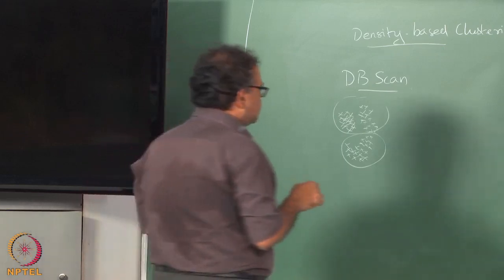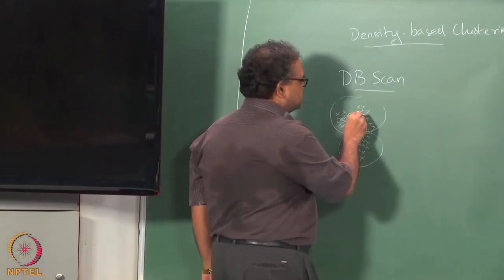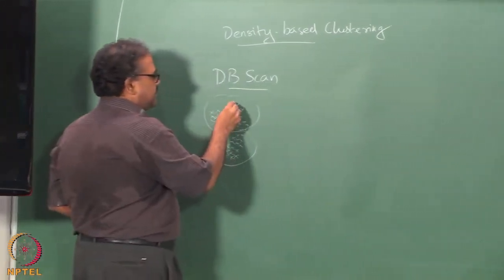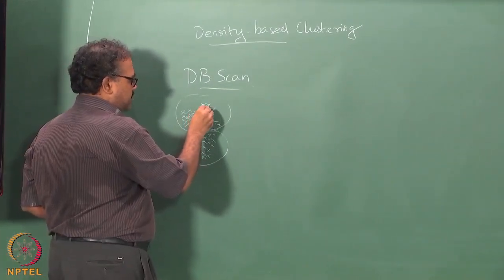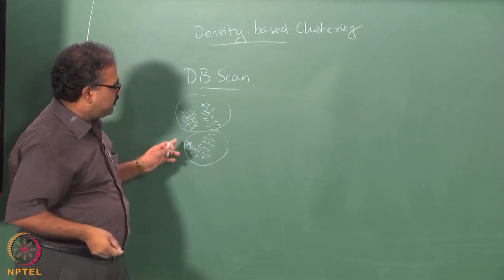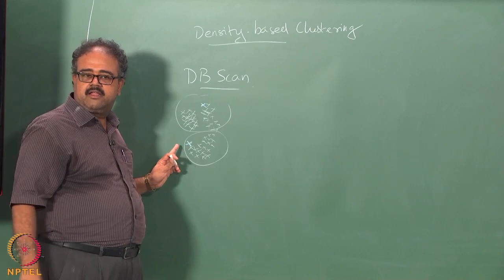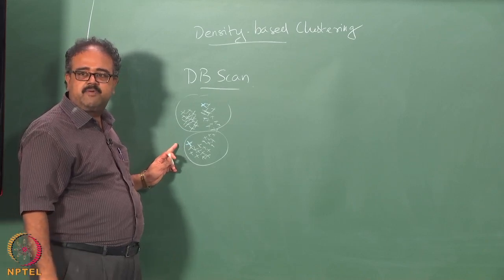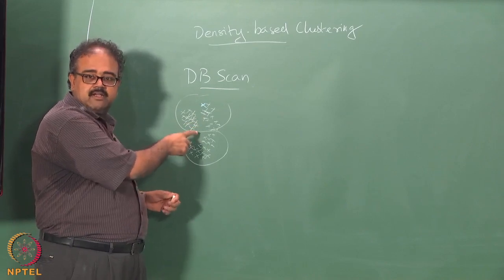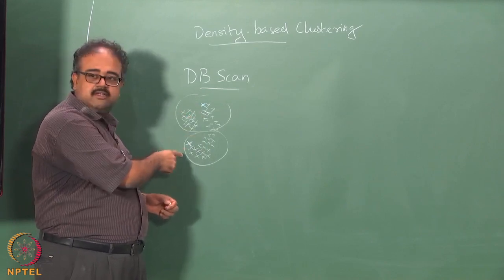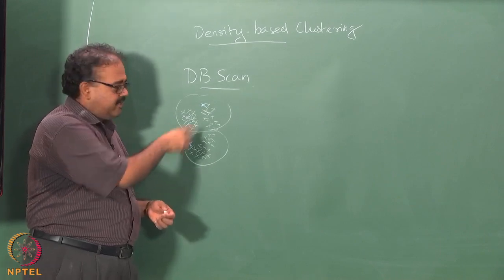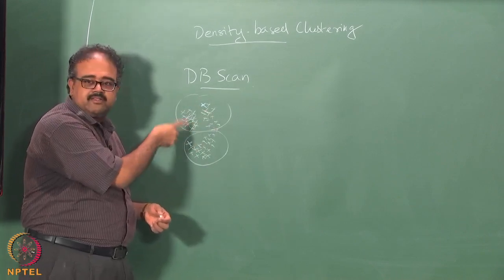Suppose I take this point and I take this point. They look pretty far away. If you look at the direct distance between them, they are pretty far away. In fact there are points of the other cluster which are closer to this one than this point. But when you look at it, you think that this thing is one cluster, this thing is another cluster.